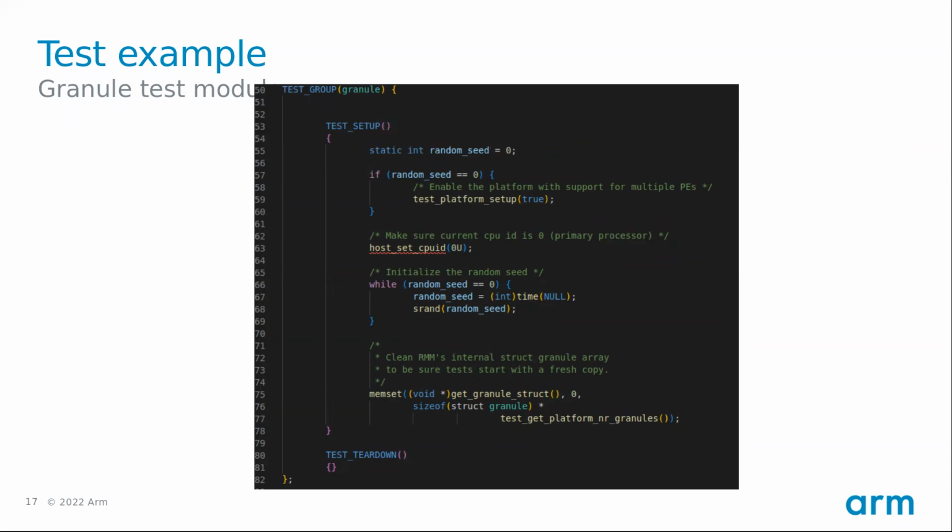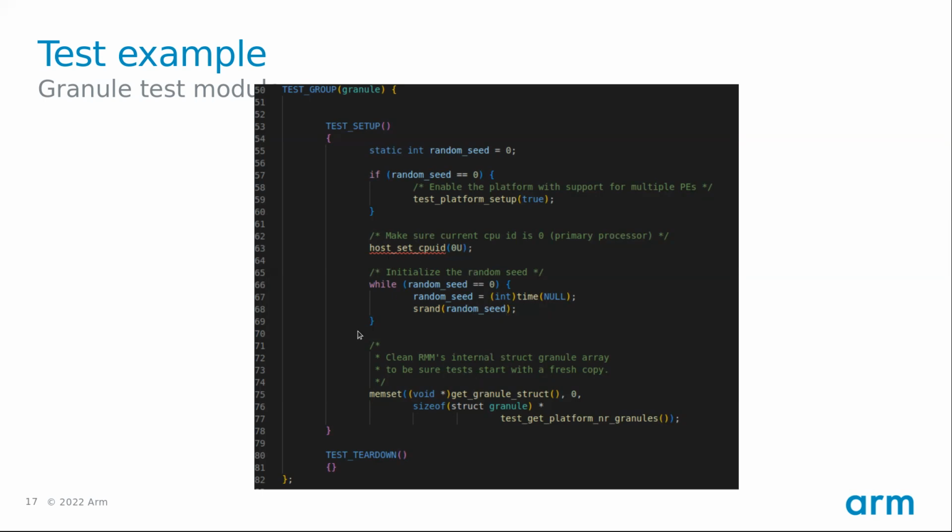So in this particular case, what I do is, if this is the first time that we run the test setup, we just initialize RMM. Then we set the current CPU ID to 0.